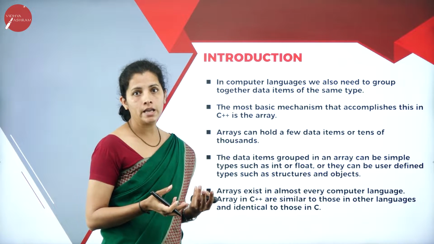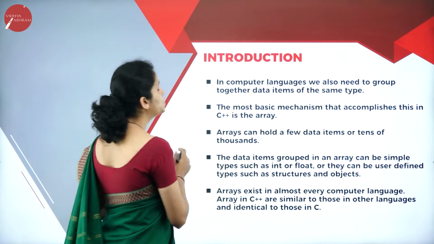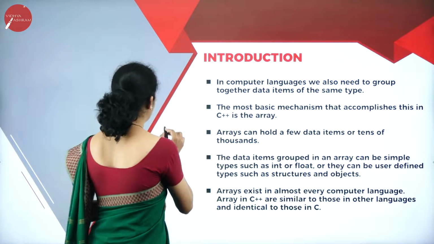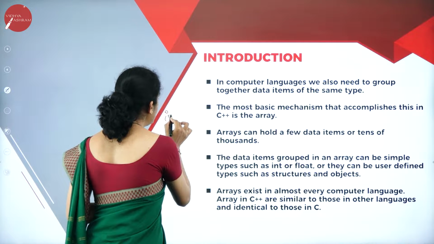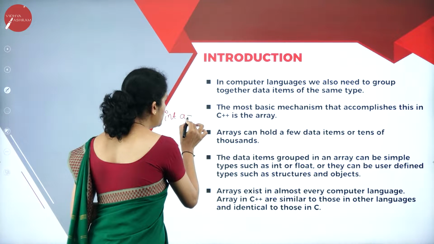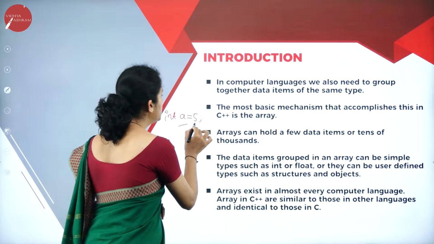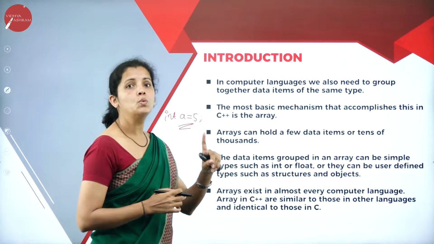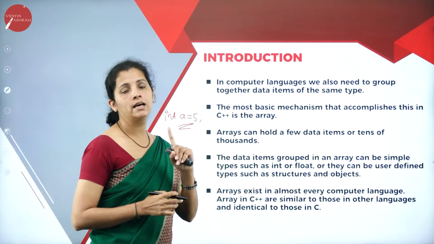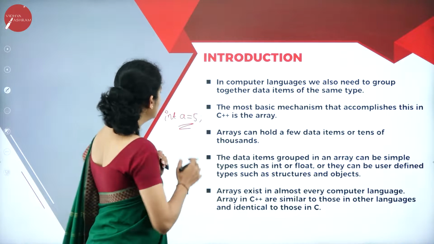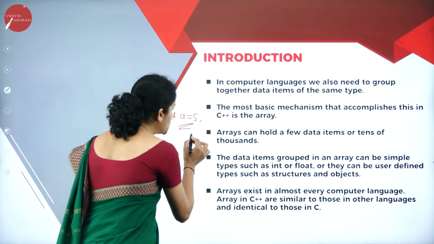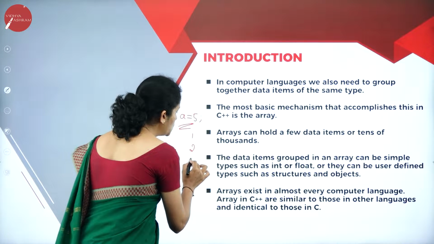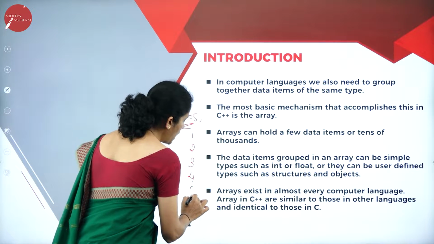So what is an array? Before that, let me consider a simple example. If I write int a equal to 5, what's the meaning here? Here a can hold only one value, and that is 5. For example, think that now I want to store 1, 2, 3, 4 and 5.